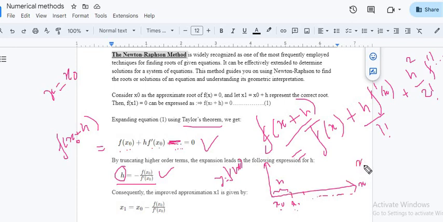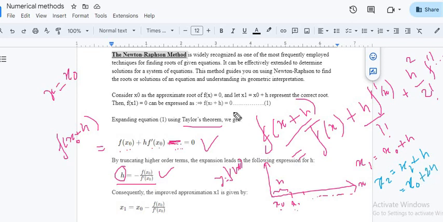Now what is x1? As mentioned, the step size is h, so one can write x1 is equal to x0 plus h. In the same way, x2 can be written as x1 plus h, or x0 plus 2h.